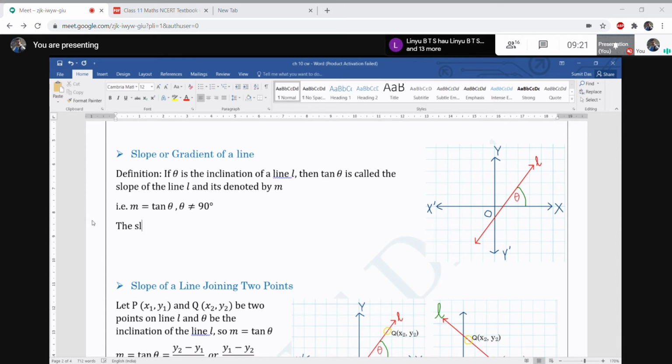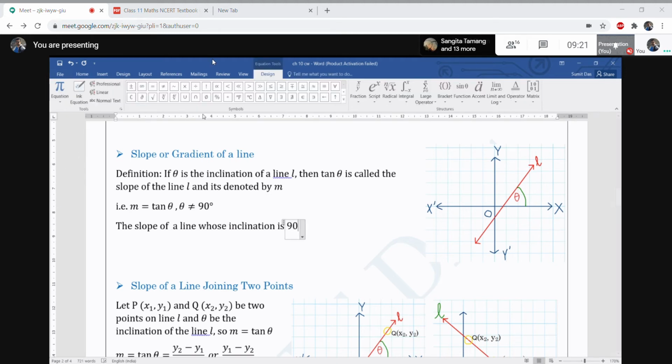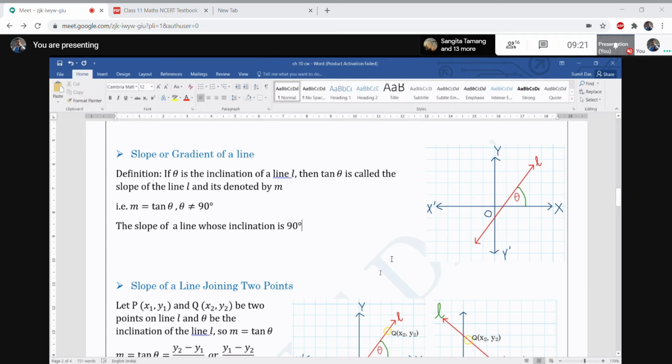The slope of a line whose inclination is 90 degrees is not defined.